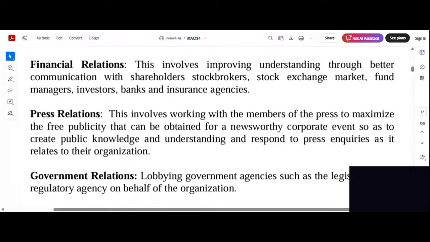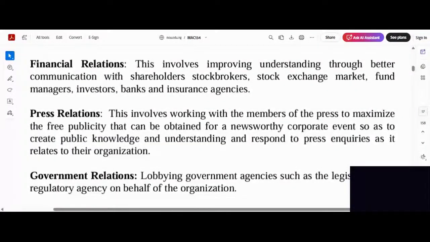What I'm trying to say is that public relations helps to create a very sound relationship with the media so that as much as possible the organization or company can get free publicity, maybe through their news, through mentions and the rest of them, like we actually said.